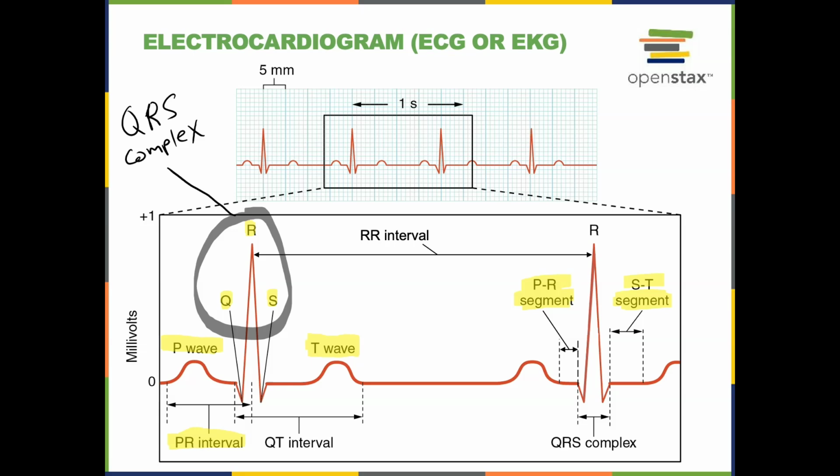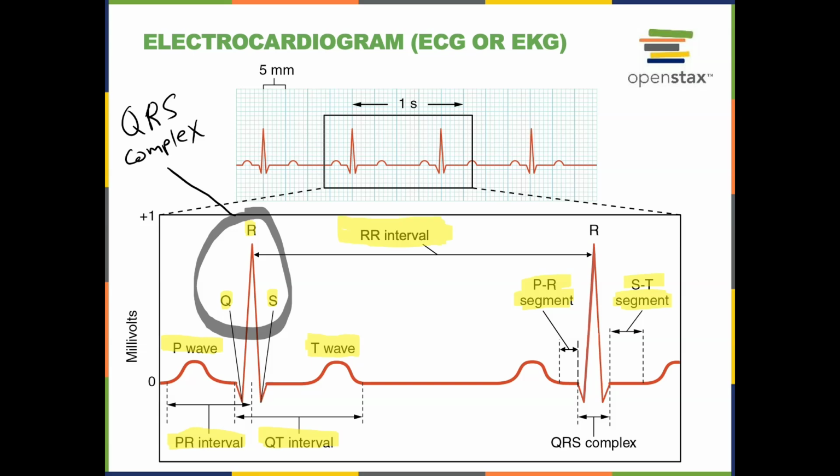Then the QT interval includes the ST segment as well as the QRS complex and T wave. The QT interval is the time between onset of ventricular depolarization until the completion of ventricular repolarization.